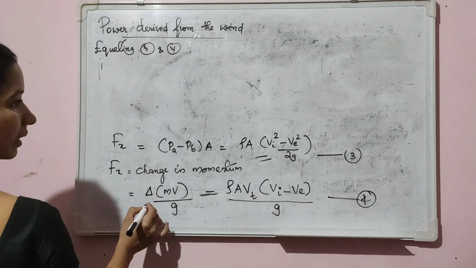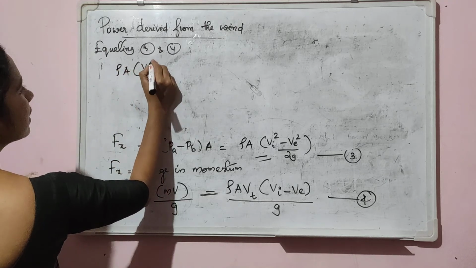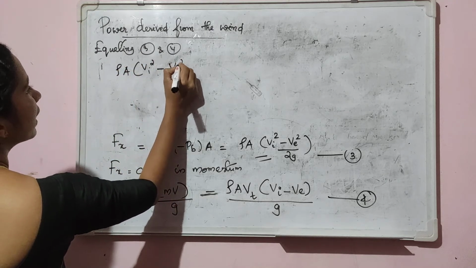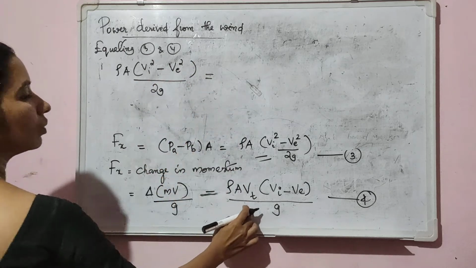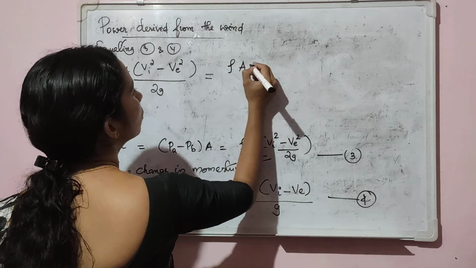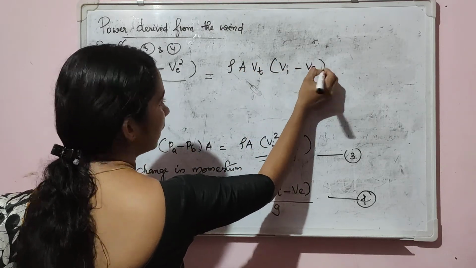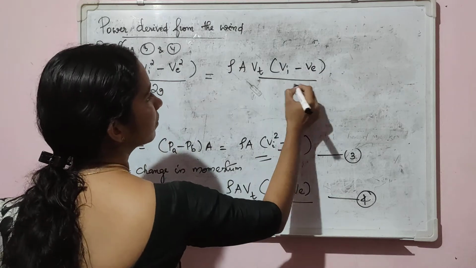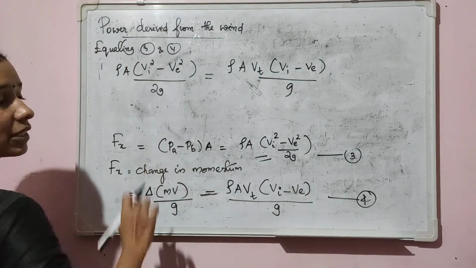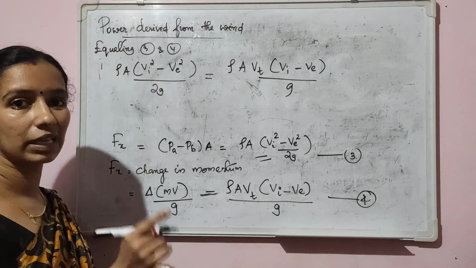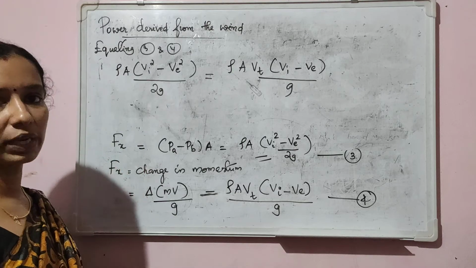So we will get rho A into Vi square minus Ve square divided by 2g is equal to rho A into Vt into Vi minus Ve divided by g. So here see this term Vi square minus Ve square, that is a square minus b square, which can be written as a plus b into a minus b.